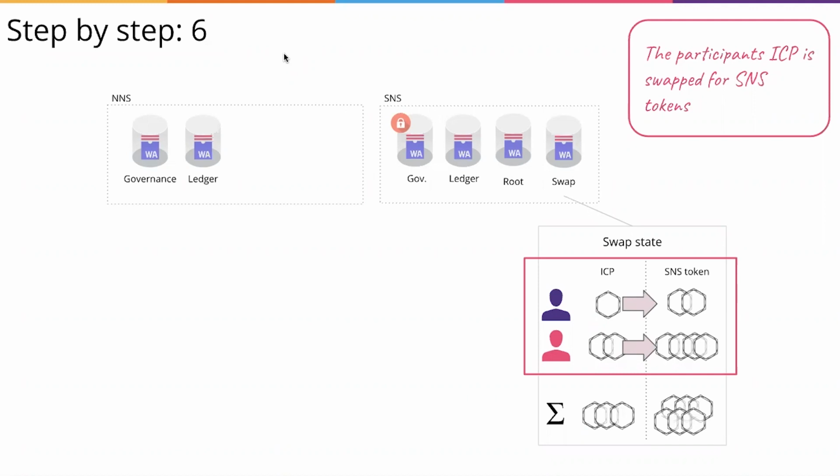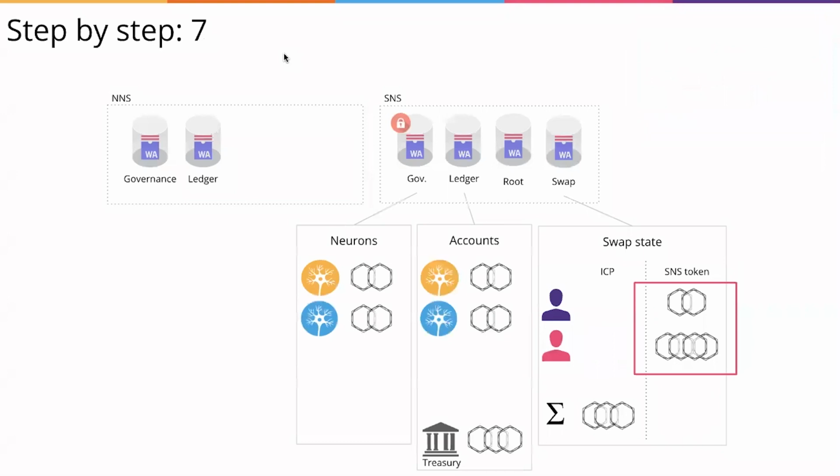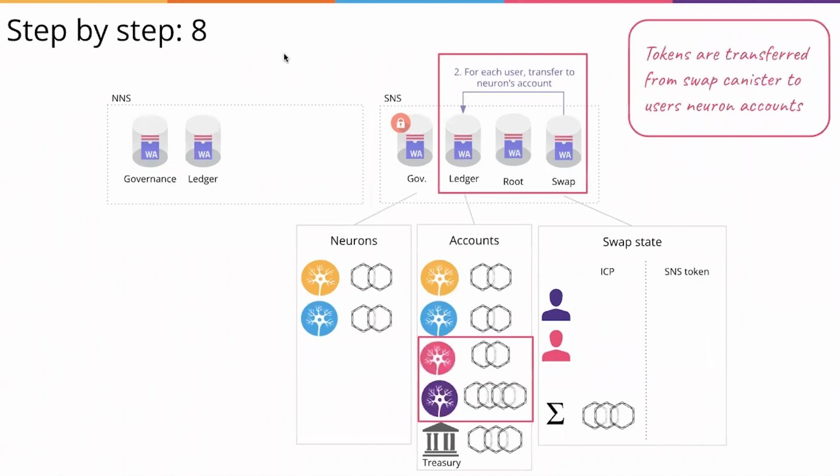So first of all, the participants in the swap, their ICP is now swapped for SNS tokens. So now you can see that the users now have SNS tokens and not ICP. Those tokens are now for each user transferred to a neuron account.